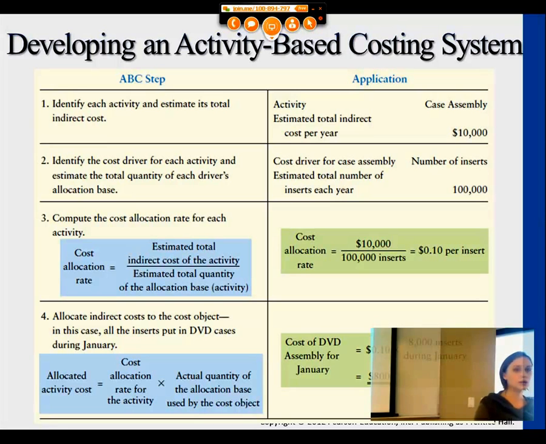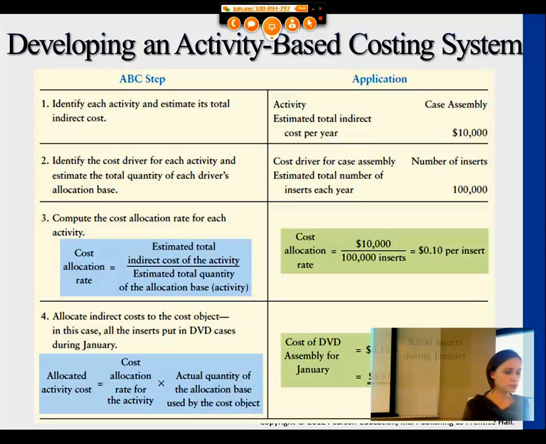All right, so my third step, that's where your calculations are going to take place. You want to compute the cost allocation rate for each of your activities. So think about it. Don't try to just memorize the formula. How can I say what my cost allocation rate is? It's the total estimated indirect cost per year, the one that I did in the first step, divided by the number of estimated inserts.